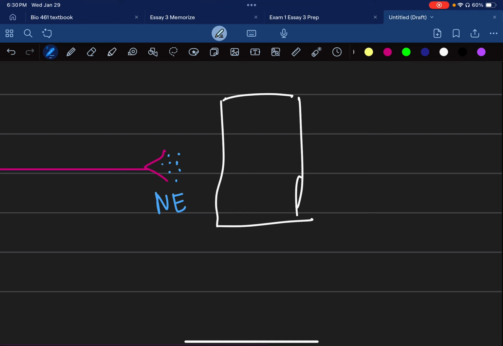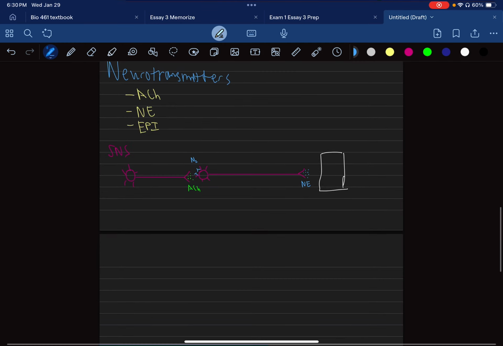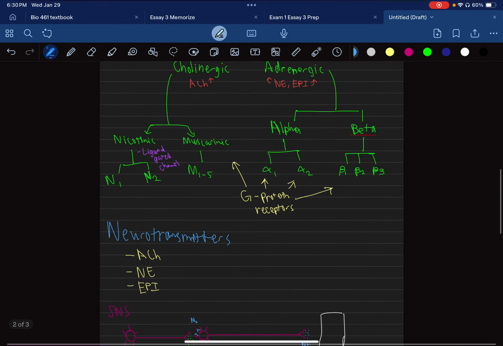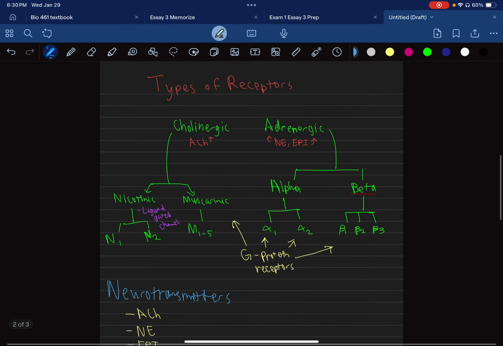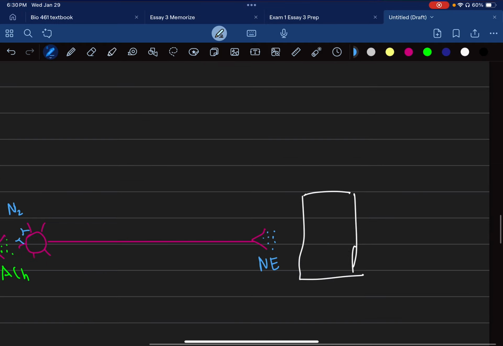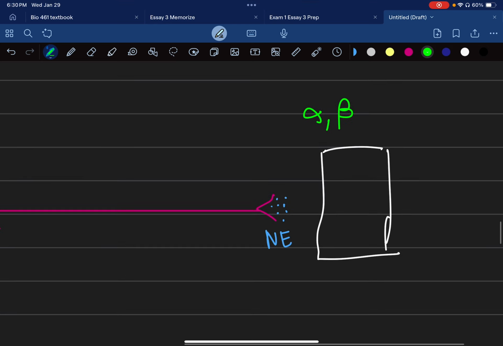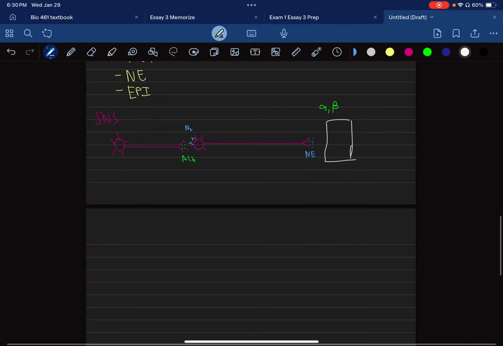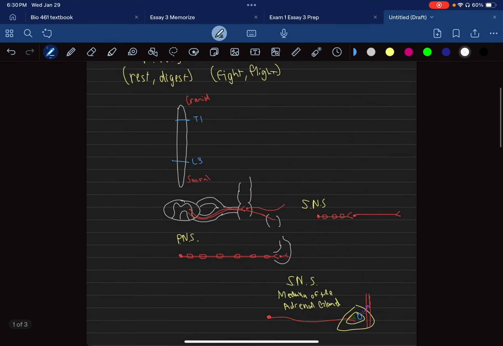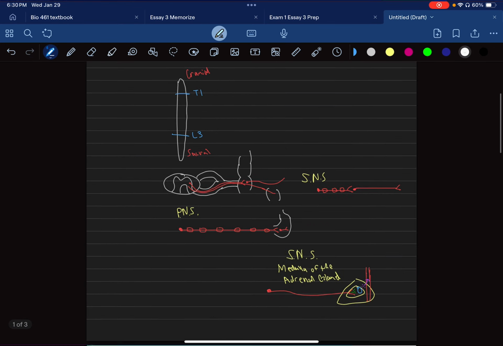And in this case, because norepinephrine is adrenaline, it's going to go to an adrenergic receptor. So anything with alpha or beta, if this organ has alpha or beta receptors, it will take in the norepinephrine and the desired effect will be completed.